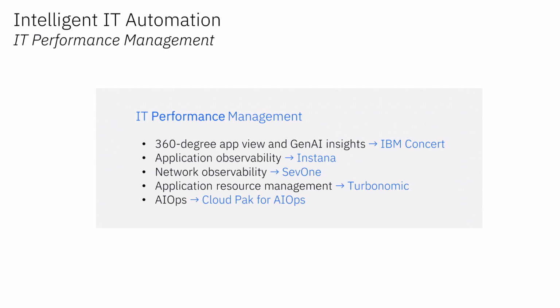Cloud Pak for AIOps helps clients automate and orchestrate end-to-end IT and network operations at scale with efficiency and resiliency. Let's begin by looking at the IBM products that cover the IT performance management space, and we'll begin with IBM Concert.